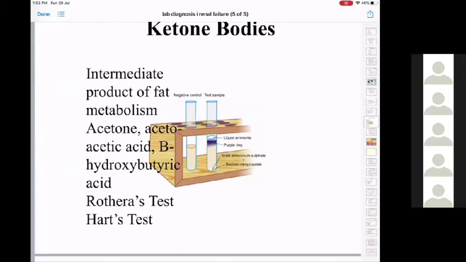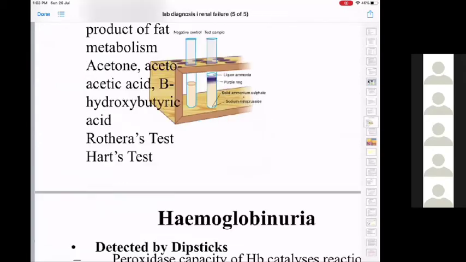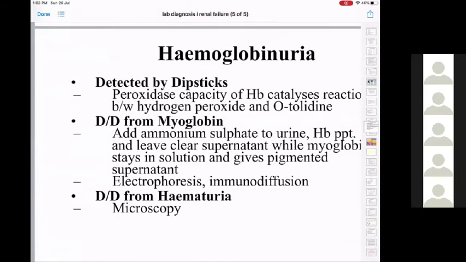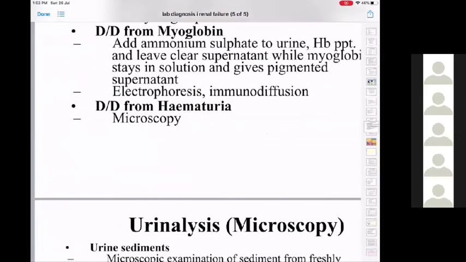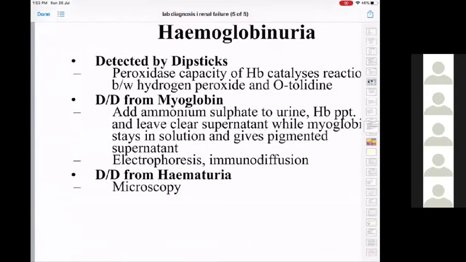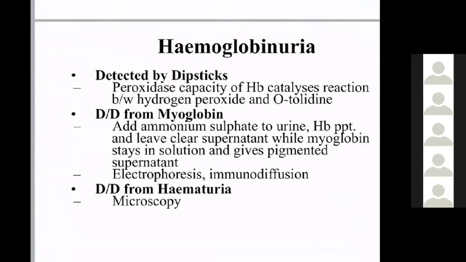So this is the ketone body test. Now hemoglobinuria. Hemoglobinuria means presence of hemoglobin in urine, which is detected by the dipstick test. For differential diagnosis, we must distinguish it from myoglobinuria, because in hemoglobinuria and myoglobinuria the color of the urine is the same, brownish to reddish. So how will we differentiate?